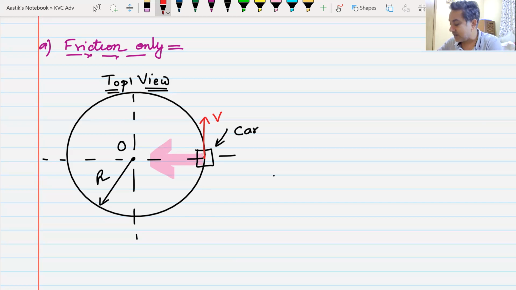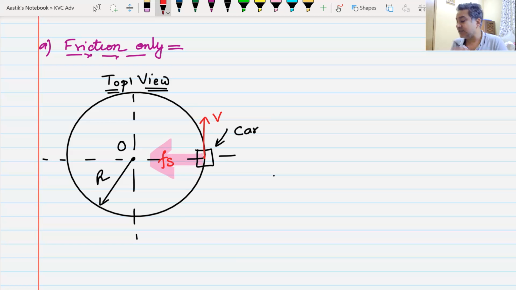It's only static friction between the wheels of the car and your road that allows the car to grip the surface and the tire to rotate. Static friction it is. So the static friction has to provide you with the required centripetal force.